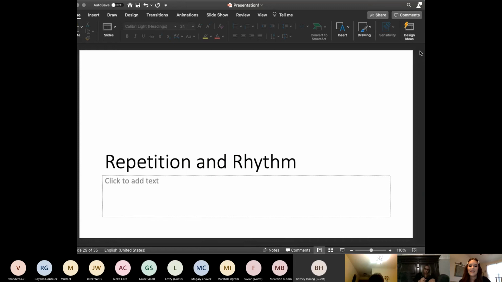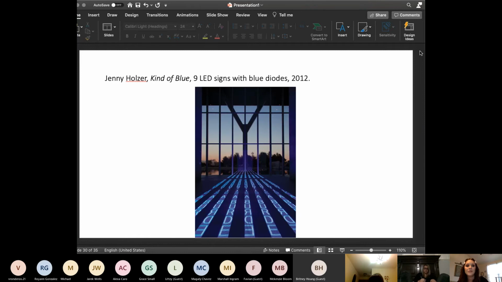Thank you for that. Moving on from contrast, which are two things juxtaposed to each other, to repetition and rhythm. Repetition and rhythm is probably the most basic one. That's just a repeating of things over and over again. Such as Jenny Holzer's Kind of Blue, which are 9 LED signs in blue diodes that repeat over and over again.